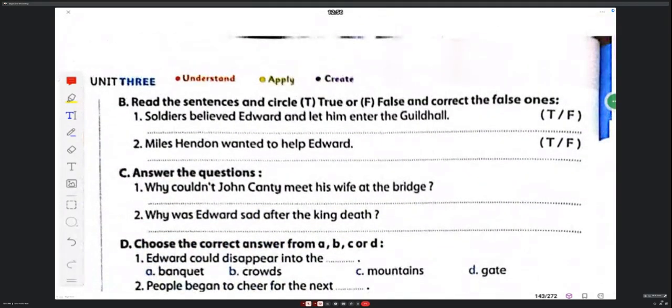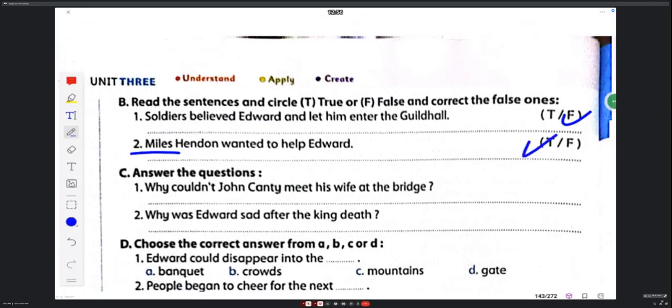Okay, reader, soldiers believed Edward and let him enter the gaol. True or false? False. Martin wanted to help Edward. True.